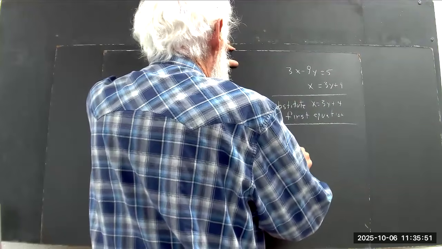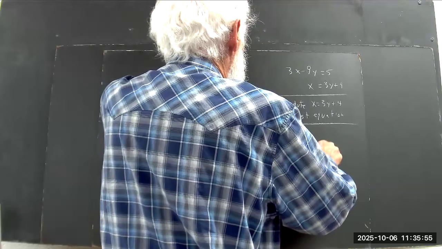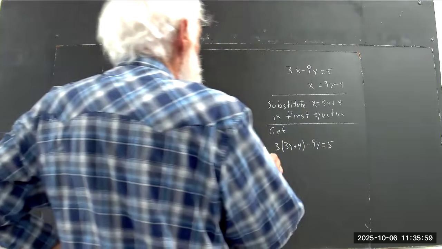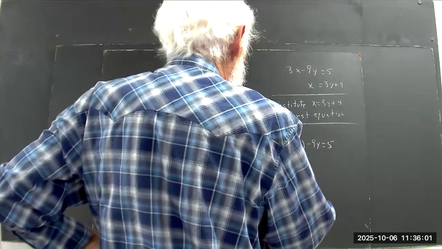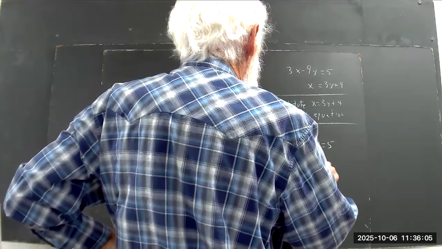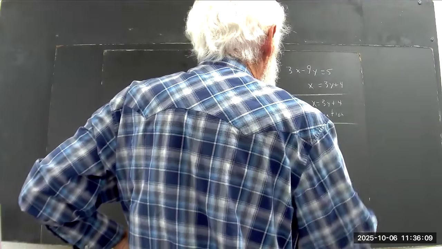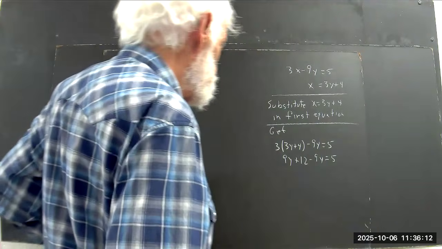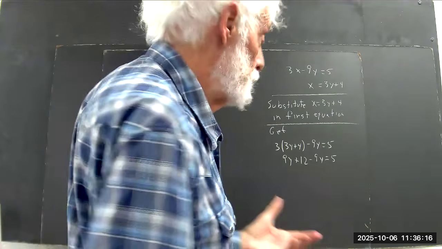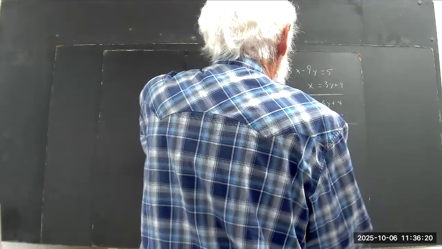So we get 3 times 3y plus 4 minus 9y equals 5. We multiply through by the 3. 9y plus 12 minus 9y equals 5. And then this might have been confusing for some people, but 9y minus 9y is 0. And that simply gives us 12 equals 5.